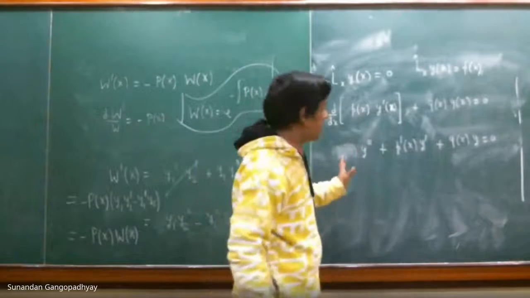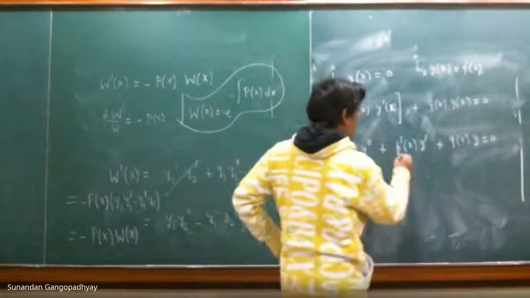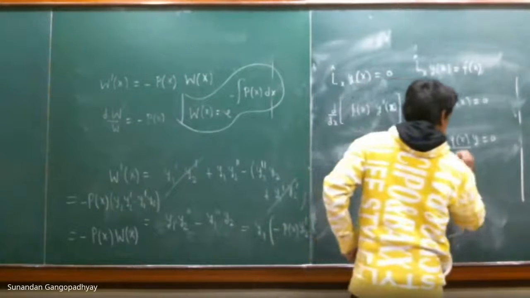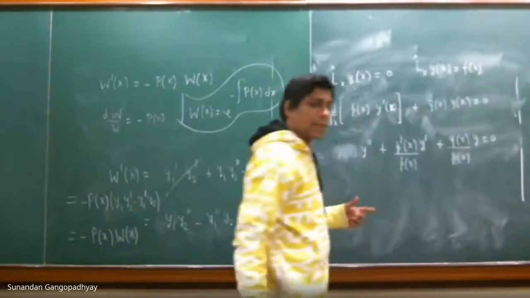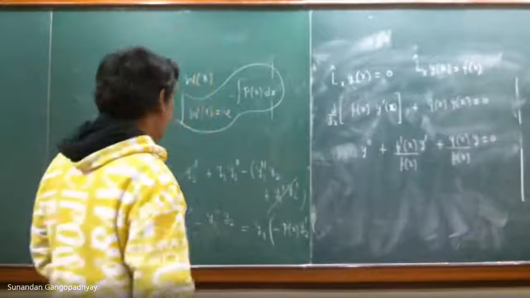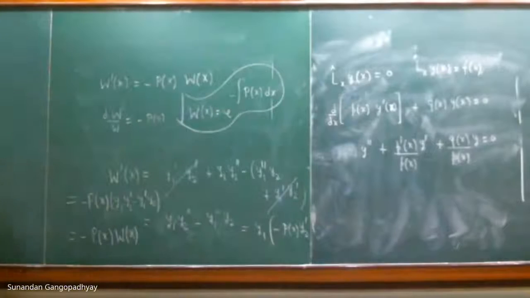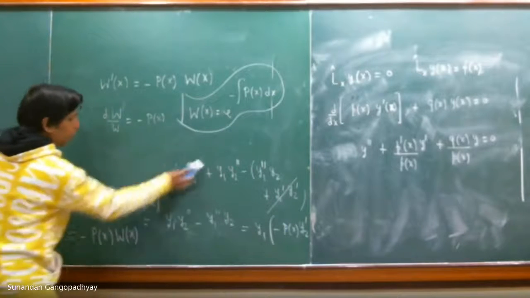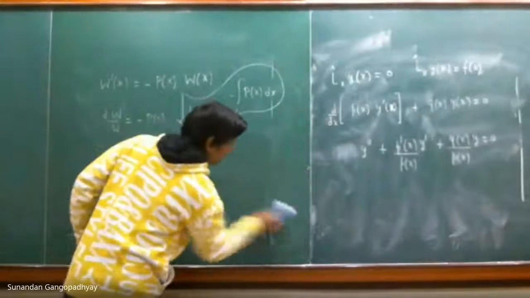Obviously, this division is possible only if it is not equal to 0. But as I mentioned earlier, p of x can have zeros at the endpoints x equal to a, x equal to b. You can make provision for that. But it has no zeros inside the interval, in the open interval.